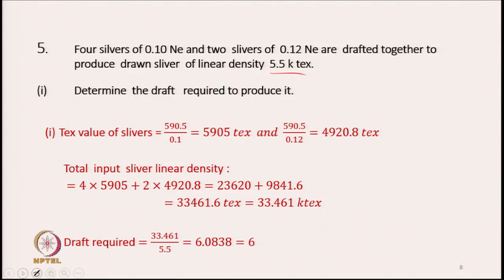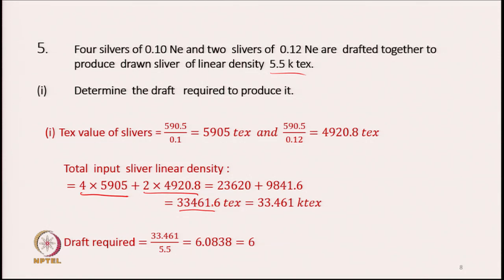Now, total input sliver linear density is how much? Because we are feeding 4 slivers of 0.10 Ne and 2 slivers of 0.12 Ne. That means, it is going to be 4 into 5905 plus 2 into 4920.8. So, if we multiply and then add them together, we get a value 33461.6 tex.